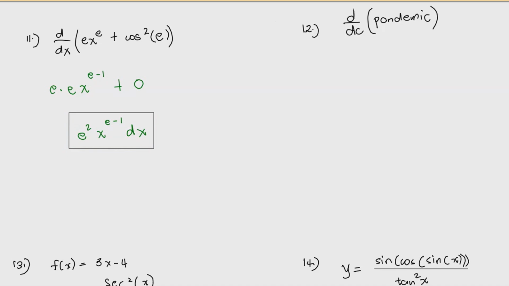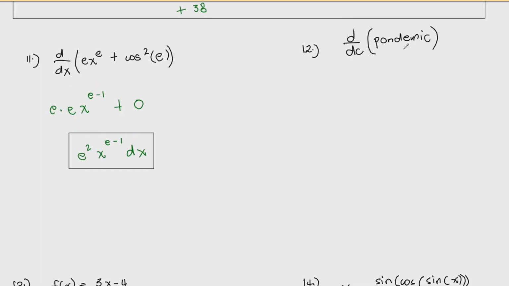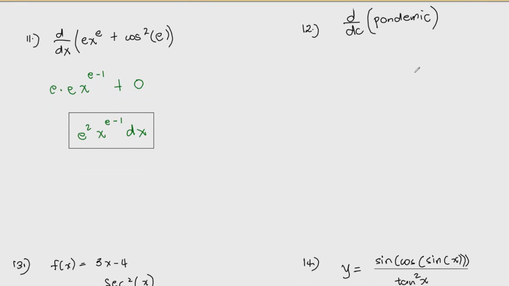So the next one would be number 12, pandemic. Actually, should not be read as pandemic since we don't read something like that in mathematics. That should be the derivative of c, the derivative of pandemic with respect to c. So the operation for these letters are just multiplication, and all we have to do is to simply differentiate it with respect to c, assuming that all of these are constants.